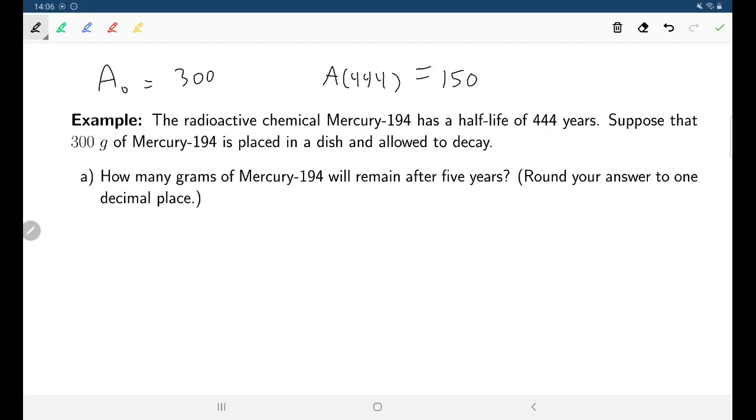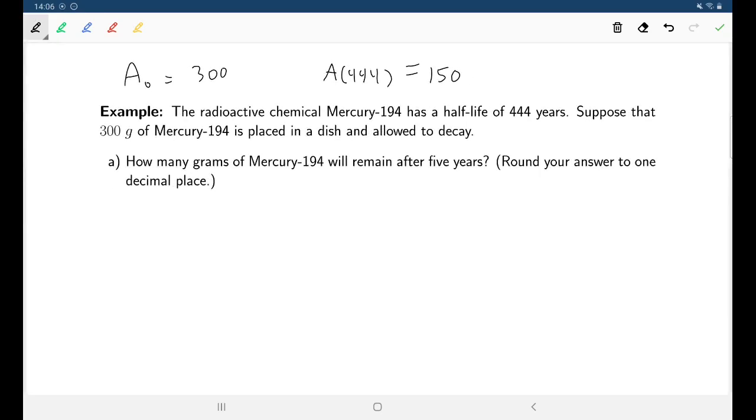So if we were to time travel to 444 years in the future and look at our dish, there would be only 150 grams of mercury 194 on the dish. The remaining chemicals that are on the dish now are the things that mercury 194 has decomposed into.